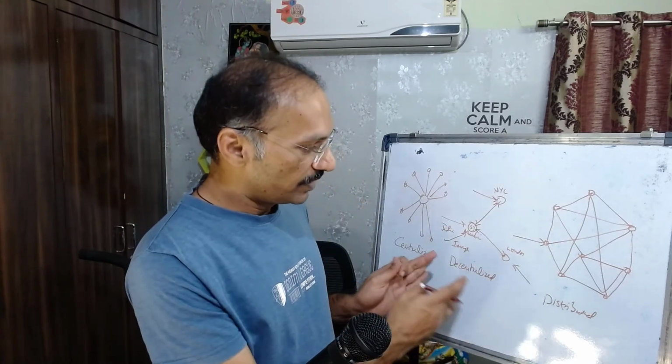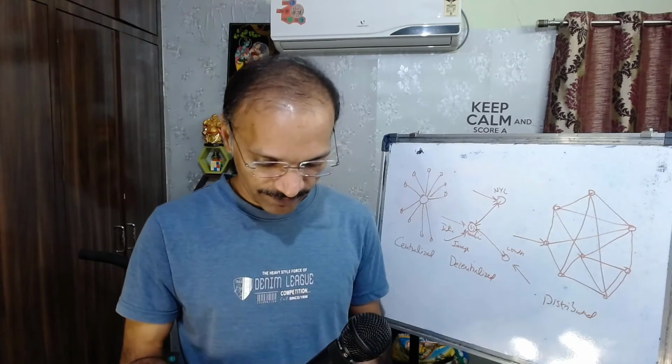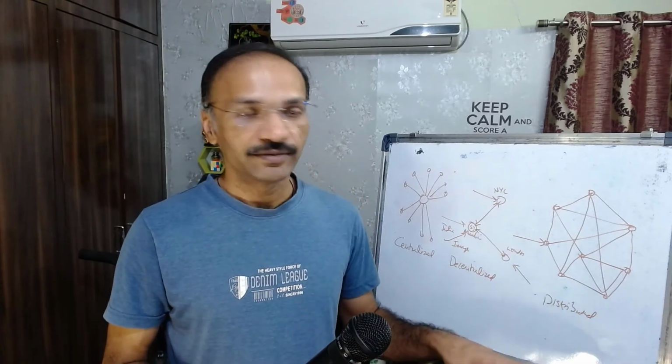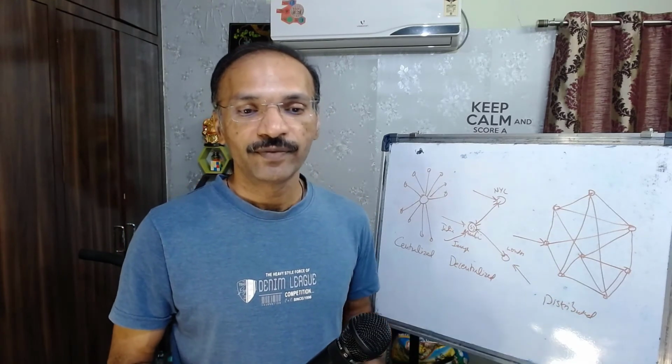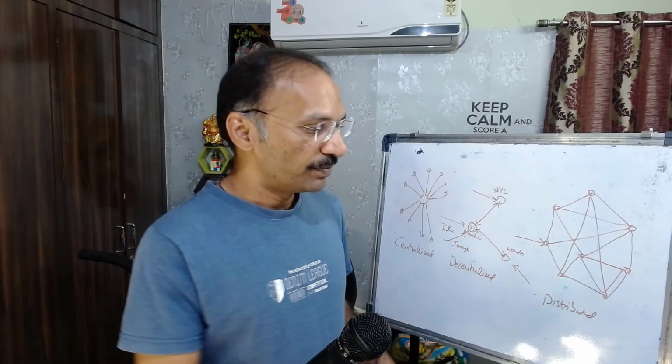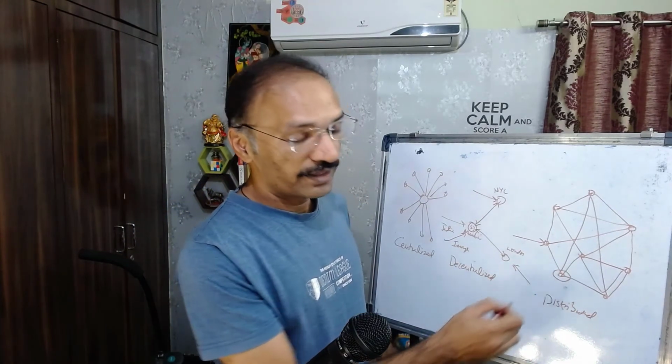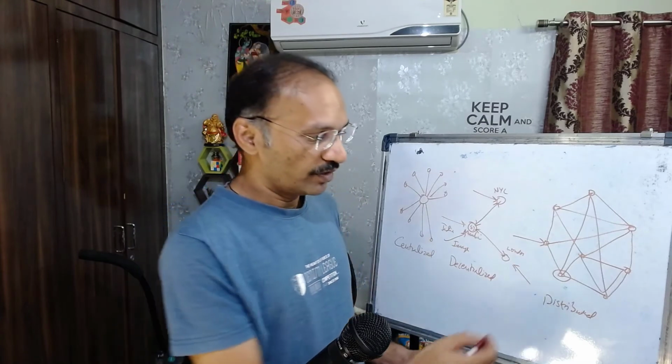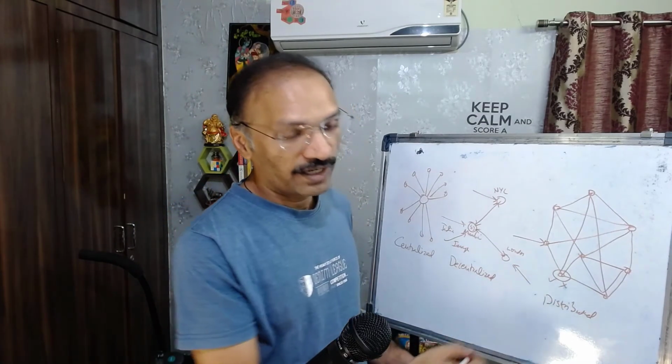The difference from centralized and decentralized is that in distributed systems, each participating node can either accept or reject. So they are participating.